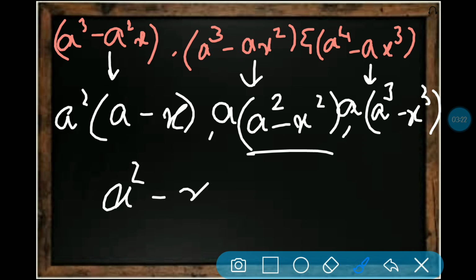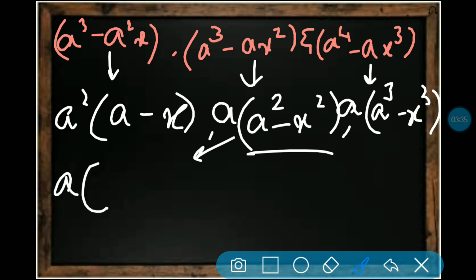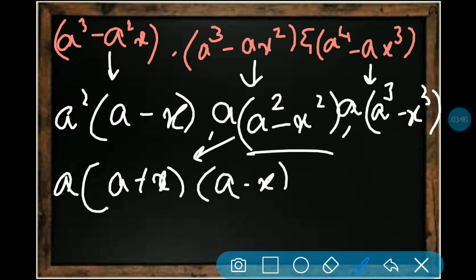Now a square minus x square looks like a square minus b square, so we use that formula: a plus b into a minus b. That gives a plus x into a minus x.